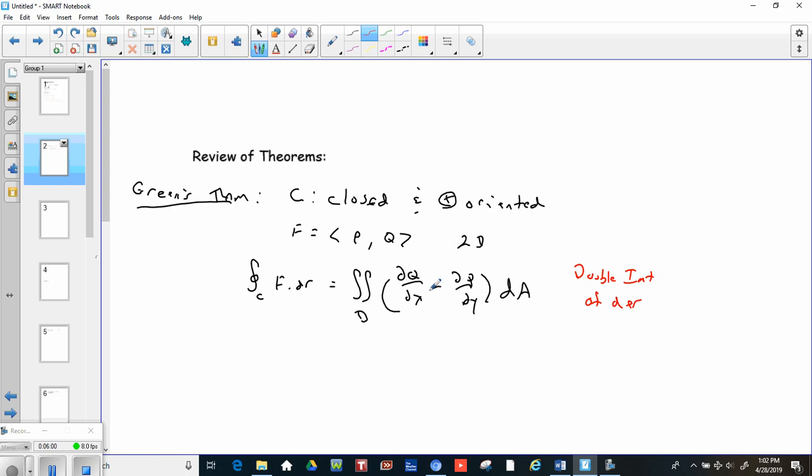That's what these are, right? dQ/dx, dP/dy, those are derivatives. And we're going to end up with a single integral of a function, because when you do F dot dr, that gives you a function. That's what it's saying. I can take this double integral and end up with a single integral of a function.